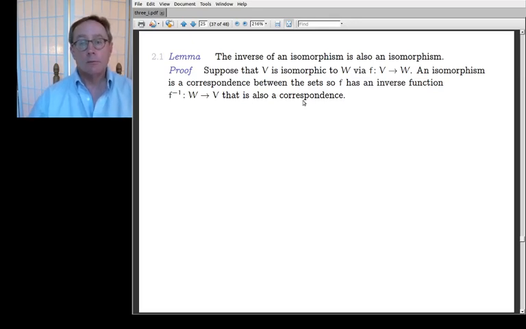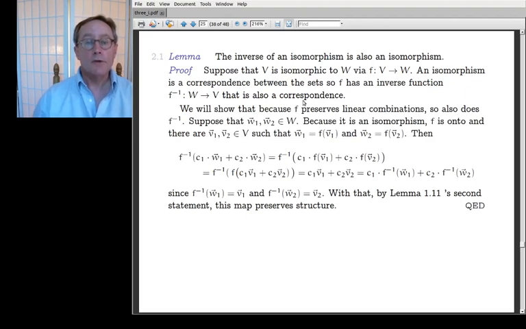That's a result about correspondences, and you can check the appendix if you need a refresher. To finish, I have to show that the function f inverse preserves addition and preserves scalar multiplication. We saw last time that we can combine the two together and just show that it preserves linear combinations of two vectors.